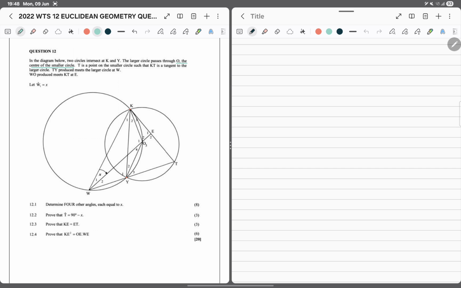So we go back and look at that statement. If O is the center of the smaller circle, what does it mean? It means OK or KO is a radius, and OY should also be a radius, right?